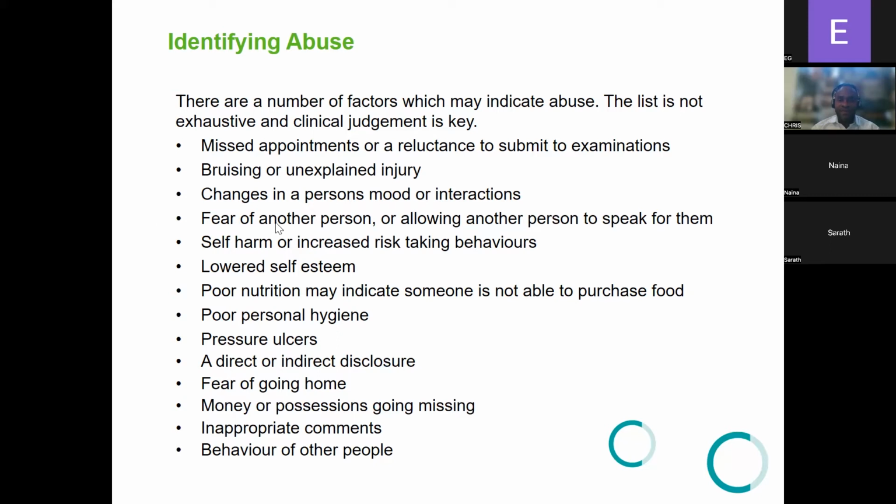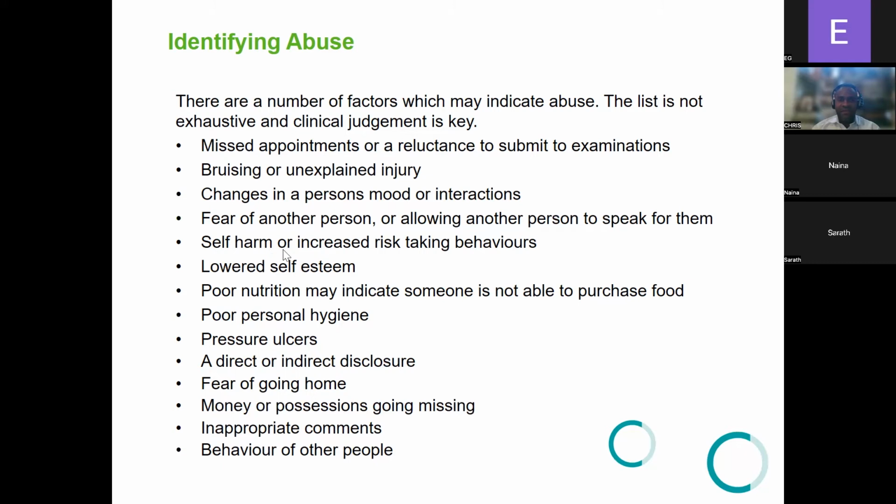Changes in a person, fear of another person, or allowing another person to speak for them. Yes, so sometimes if they have been abused over and over again, they don't trust anybody. They have become afraid of people, and they get to a stage where they are afraid of going near people or people coming near them.